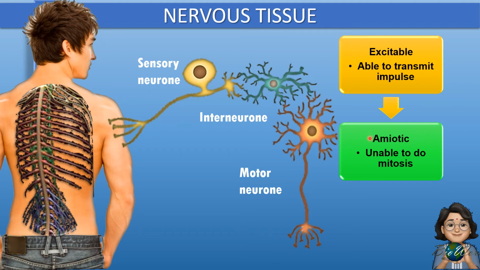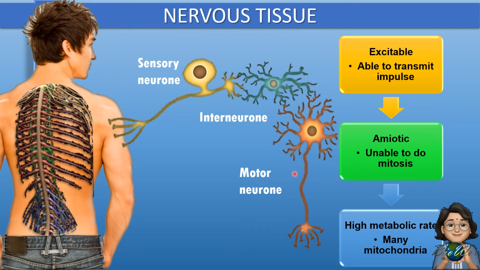So they are amitotic. And this is dangerous because if your neurons are damaged due to physical injury or chemicals like drugs or alcohol, then these nerve cells cannot regenerate. So that is why it is important to take care of your spinal cord, brain, and other nerves.